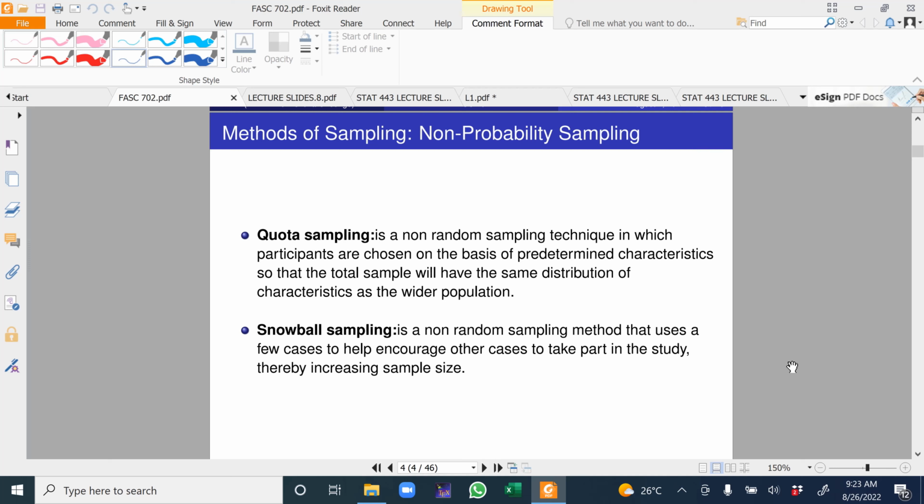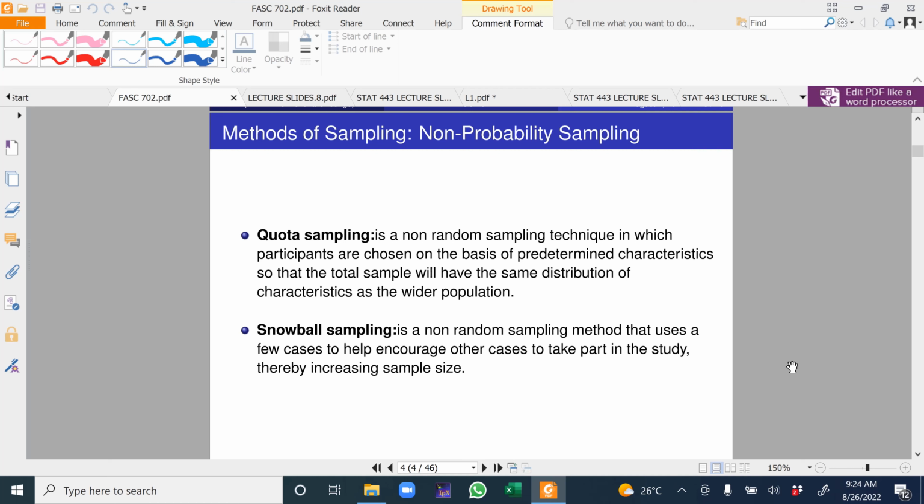So one of the non-probability sampling techniques is quota sampling, and in quota sampling, the participants of your study are chosen on the basis of some predetermined characteristics. So maybe you have some predetermined characteristics of your participants. Once you are able to identify these predetermined characteristics, then you can identify your participants who are going to form part of your sample that you are going to use in your data collection.